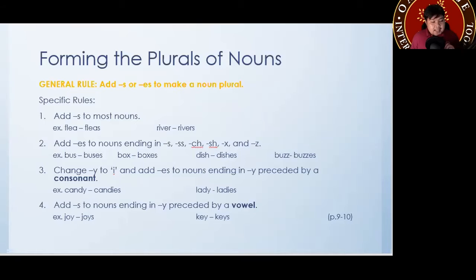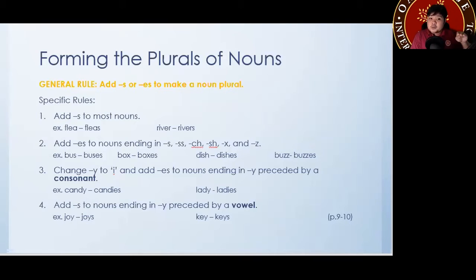The rule does not say change Y to IES. This is a common mistake a lot of people make, a lot of teachers make. Although technically it's the same thing, when you want to be precise or give the exact rule, you have to change Y to I first and then add ES. This is the exact English rule.